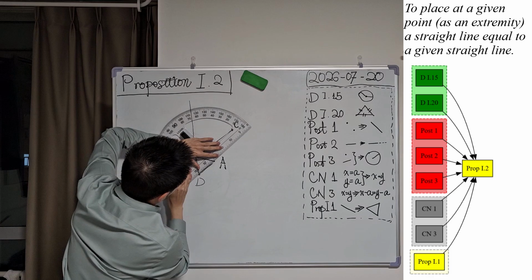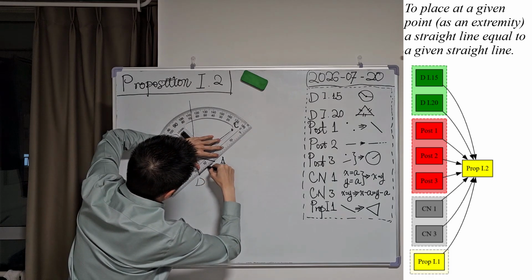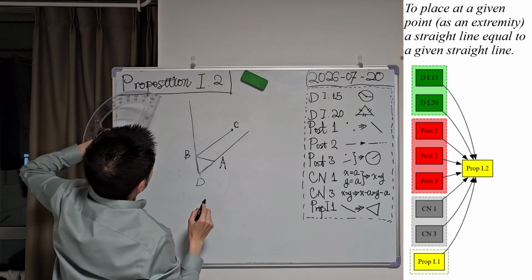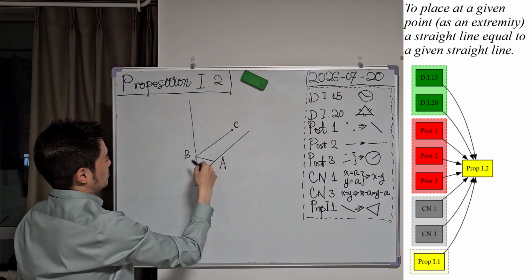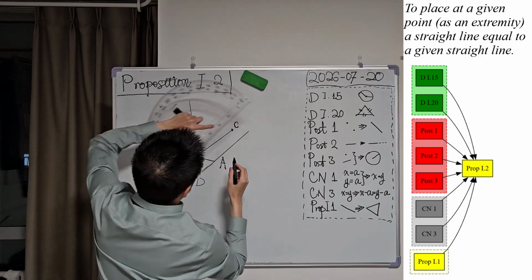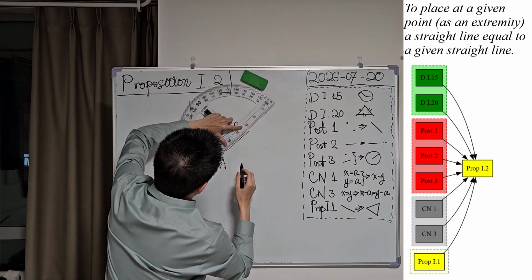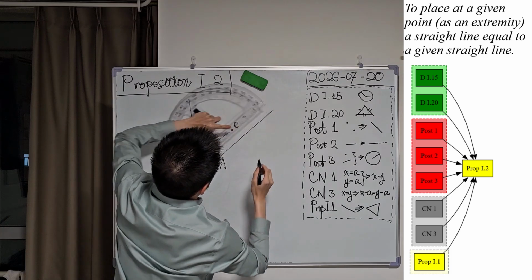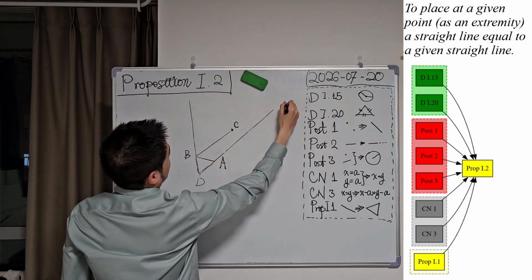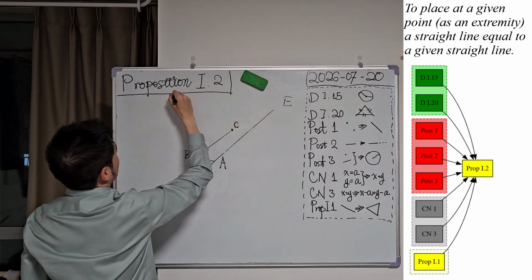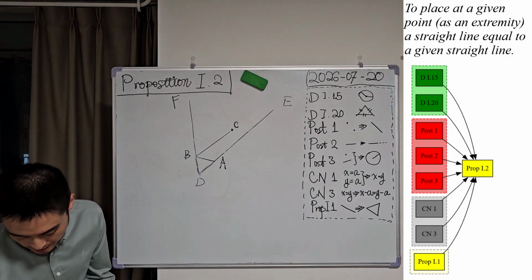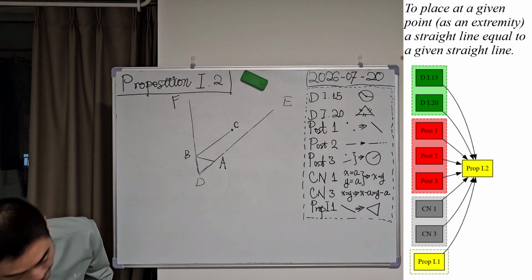Produce it more, to C, E, and F, E and F respectively.